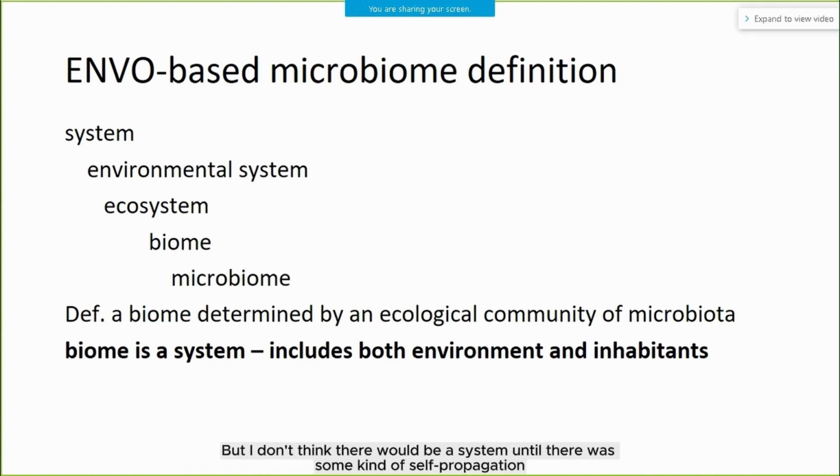But I don't think there would be a system until there was some kind of self-propagation going on, unless, of course, we were helping it, in which case we would be part of the system. And we'd need to be investing a lot of effort and skill and technology in order to make the organic material propagate, I would assume. I'm also assuming that it's going to be isolated from the rest of the environment along many dimensions anyway, not perhaps every dimension.